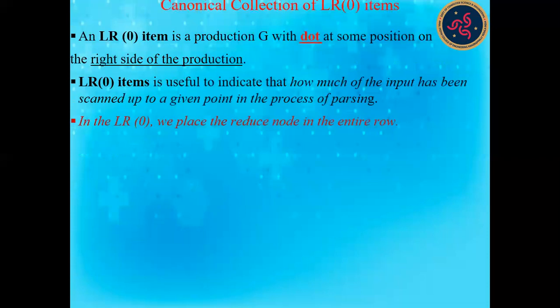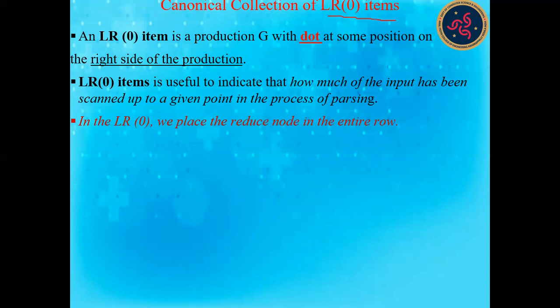Next, after adding the augment grammar, we have to create the canonical collection of LR0 items. LR0 items are used to construct the LR0 parsing table as well as the SLR parsing table.